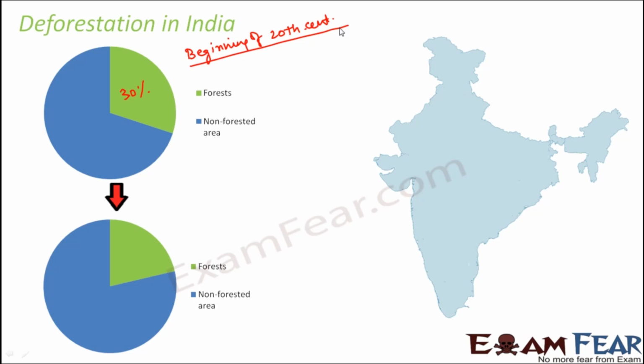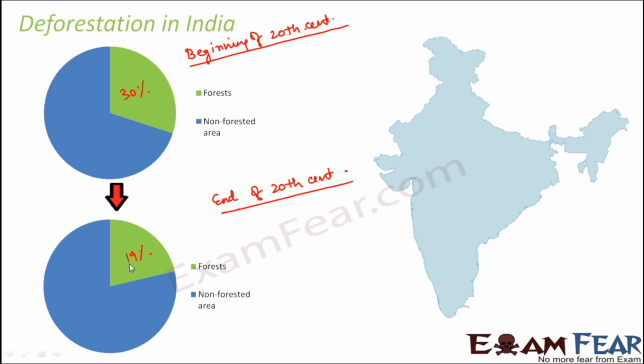Now increase in plants is good for the environment, but unfortunately by the end of the 20th century, what was seen was that the area covered by forest reduced to 19%. So earlier it was 30%, now it reduced to 19%. Now you can imagine, if it keeps on reducing in this manner, then after a couple of centuries there will be no plants left on this earth.